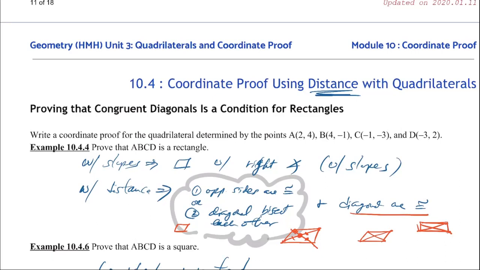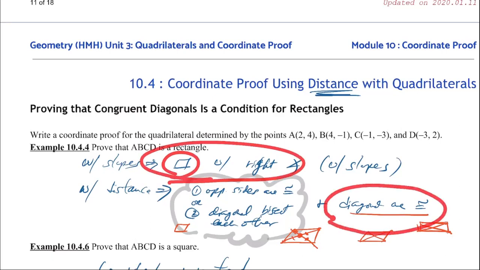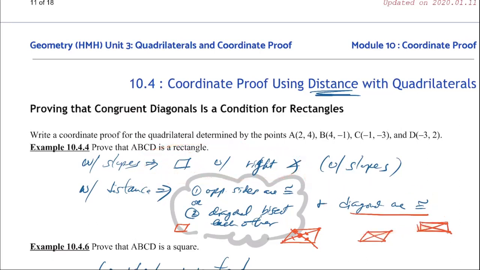Now, you don't have to do one specific way or the other. So what I'm going to do in this case is a kind of hybrid style. I'm going to show that it's a parallelogram by using slopes, but this time I'm going to use congruent diagonals to finish it off. Okay, guys? Let's do it.